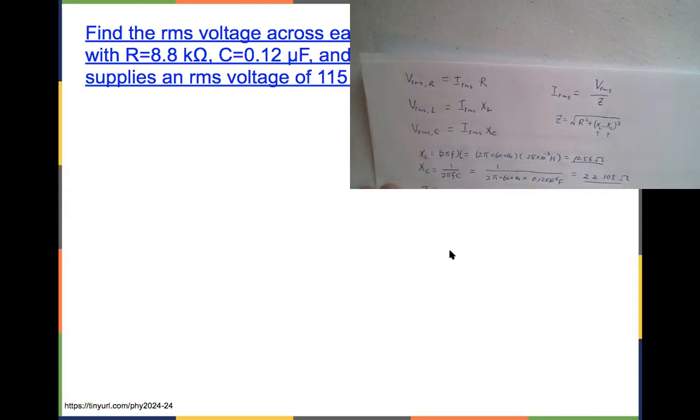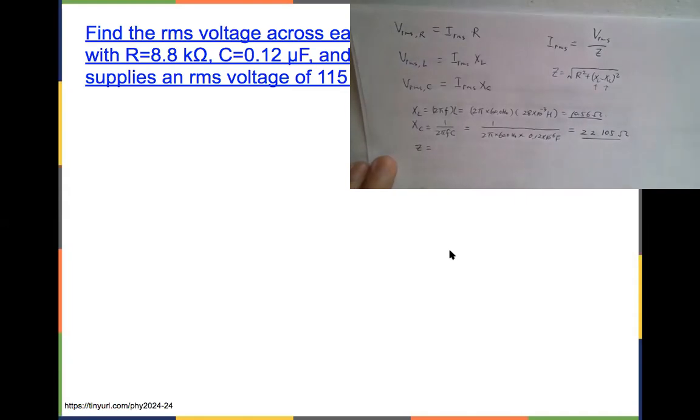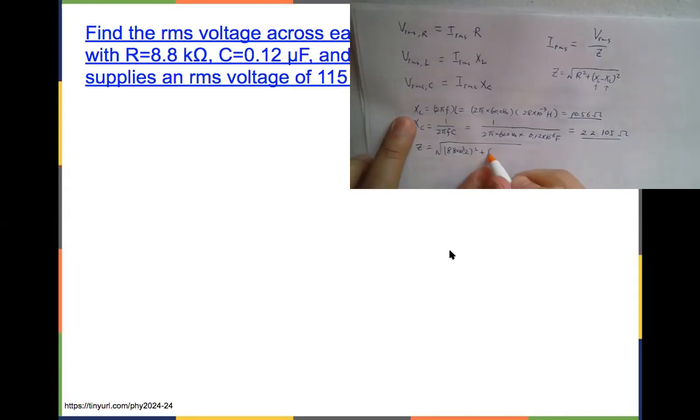And then R is given, so we can calculate Z. Z is going to be equal to the square root of R, which is given as 8.8 kilo, so 8.8 times 10 to the 3 ohms squared, plus XL, 10.56 ohms, minus 22,105 ohms, squared.